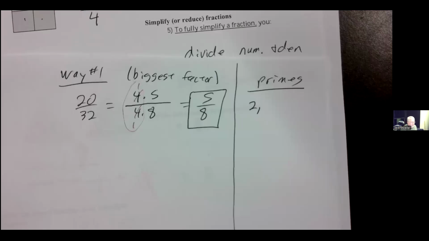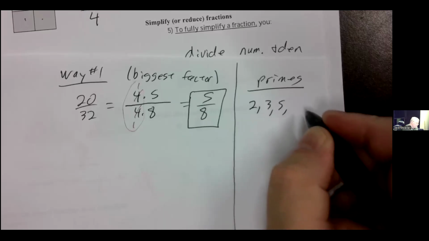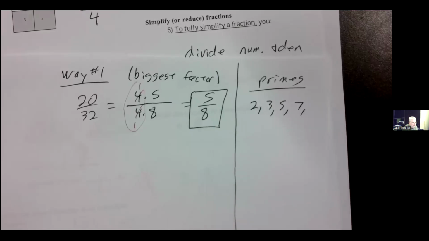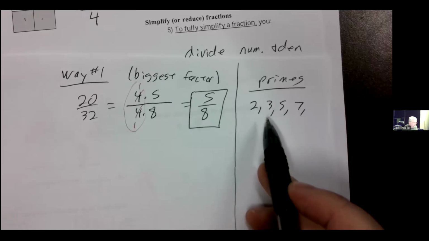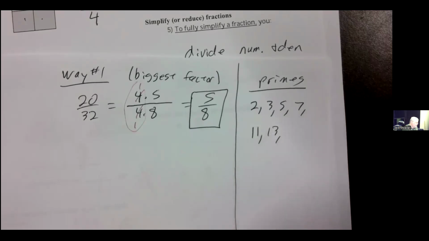That's why it's our only even prime. So 3 is a prime number, 5 is prime, 7 is prime. Now you might start thinking, well, 9 is prime, all our odds are prime, but 9 is not because 3 will go into 9. And then 11 is prime, 13 is prime, 15 is not because it's 3 times 5.